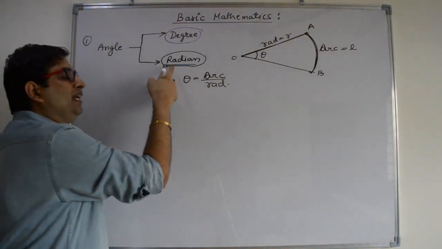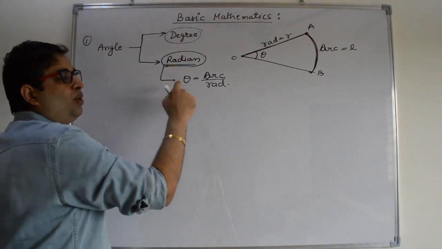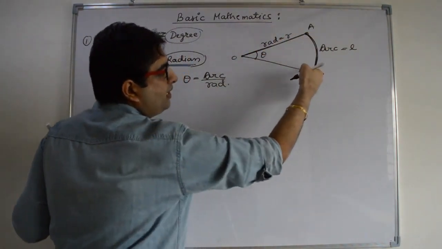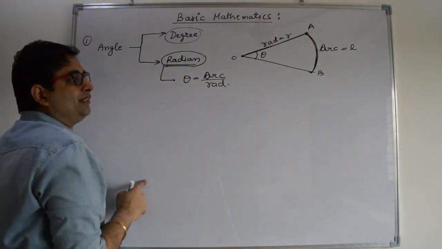What is angle in radian? Angle in radian is always equal to arc upon radius.